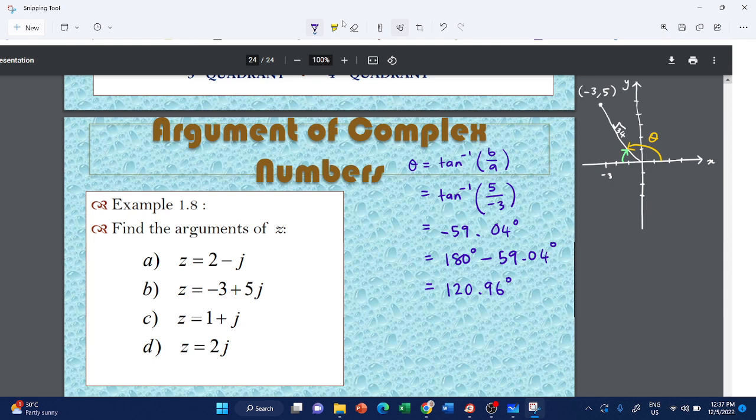If you want the positive angle direction, then you have 120.96 degrees. So this is how to get the argument or the angle for your complex number.